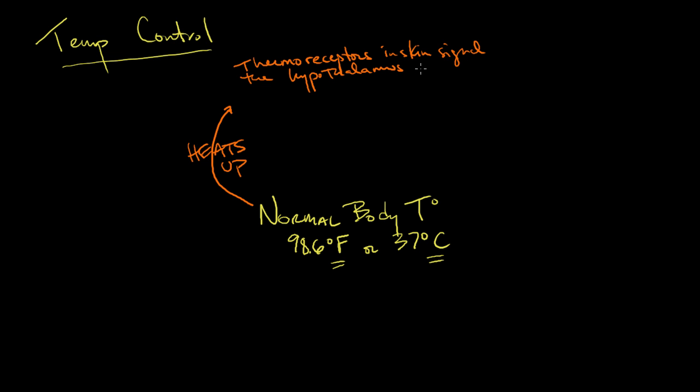They signal the hypothalamus, and basically what they do is they trigger cooling mechanisms, and some of those things are increasing sweat production at the sweat glands, so that there could be some cooling.